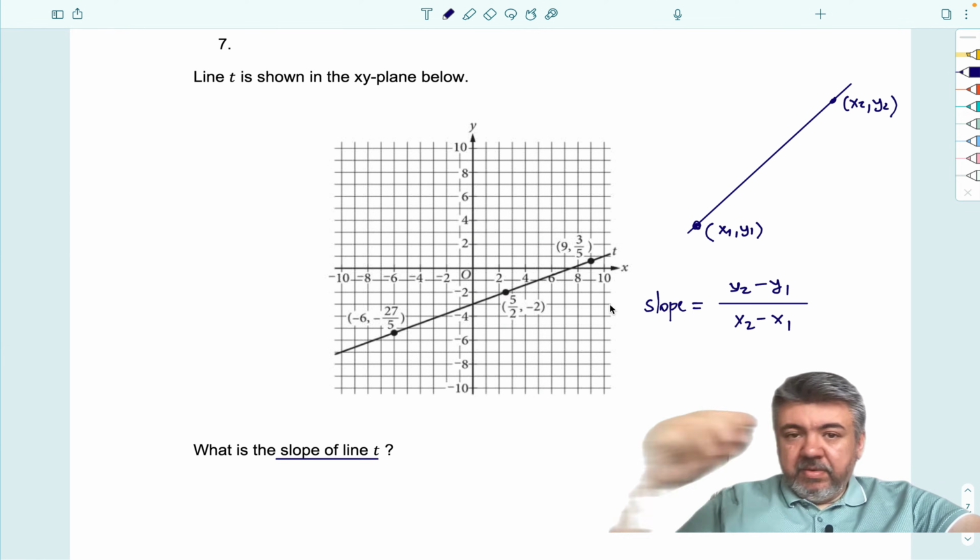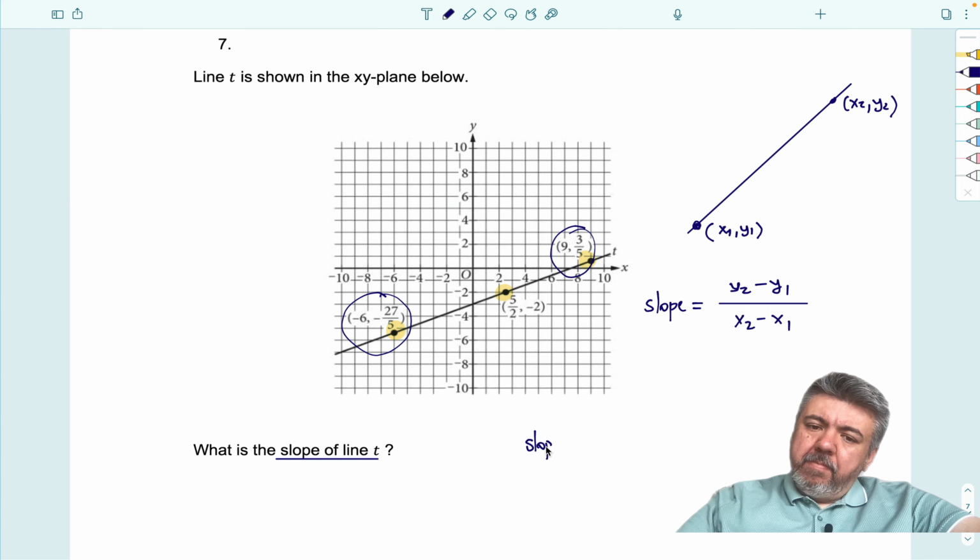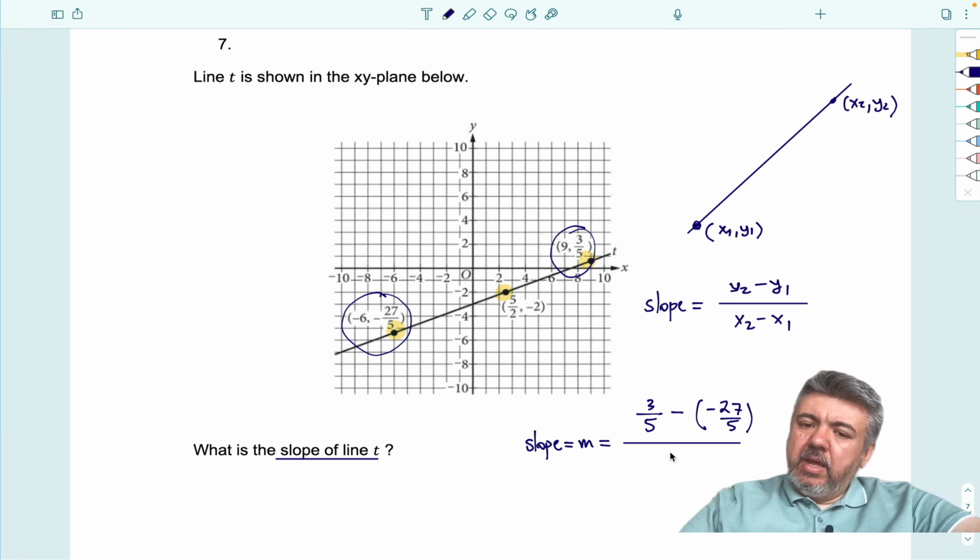So in our example, I'm given more than I need. They give me 3 points on the line. 2 would be enough. I can choose any of them. I will choose this one and this one. So the slope m equals y2, 3/5, minus negative 27 over 5, divided by x2, which is 9, minus x1, which is negative 6.